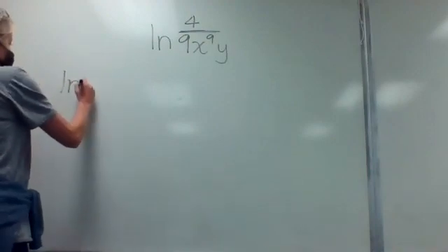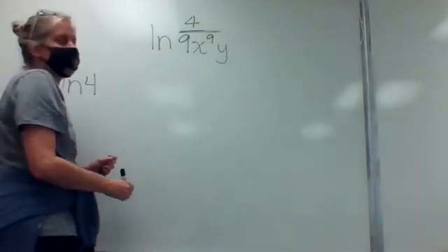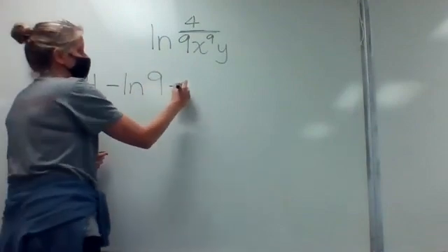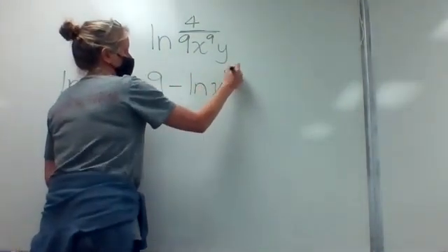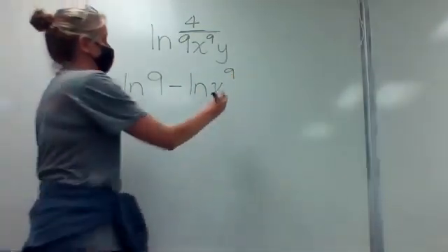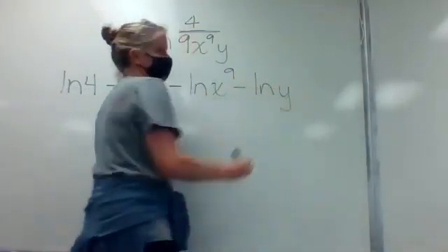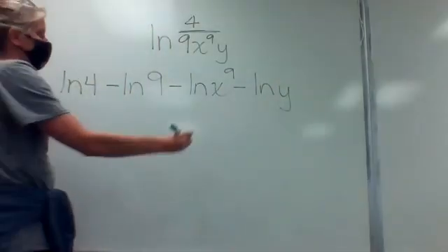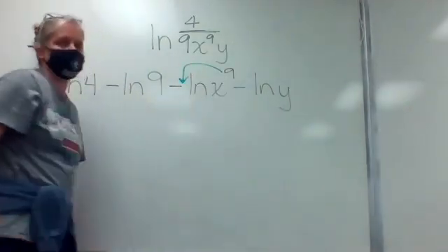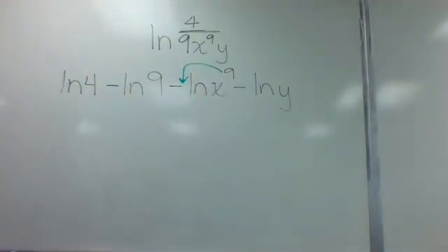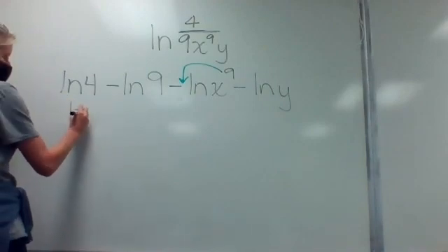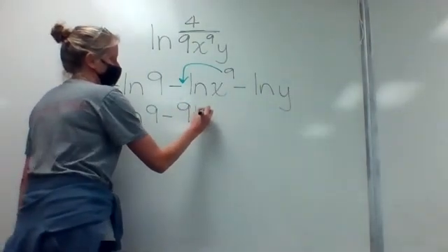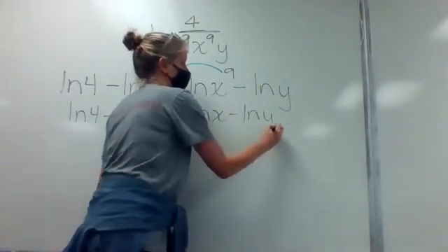So I'm going to have ln of 4. And then everything else is going to be minus, right? So minus ln 9 minus ln x to the 9th minus ln y. So the only thing that needs to come down is that one exponent. That's ln 4 minus ln 9 minus 9 ln x minus ln y.